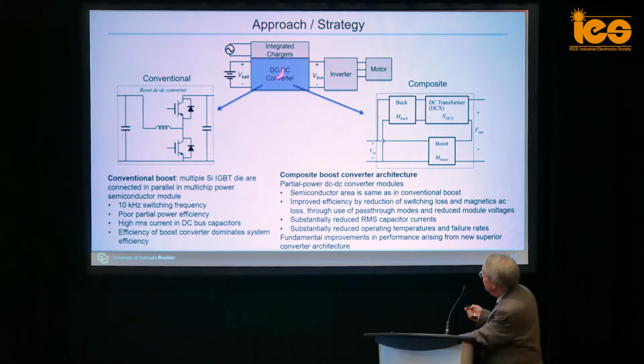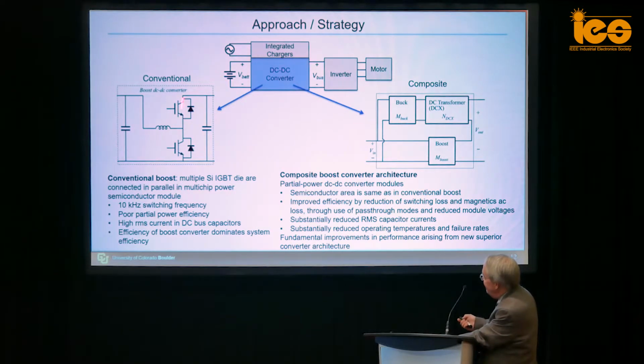In the conventional boost in the Prius, these IGBTs are in a semiconductor module, and there are actually multiple die connected in parallel inside the module, depending on the power rating of the electronic system. They switch typically at 10 kilohertz or so.